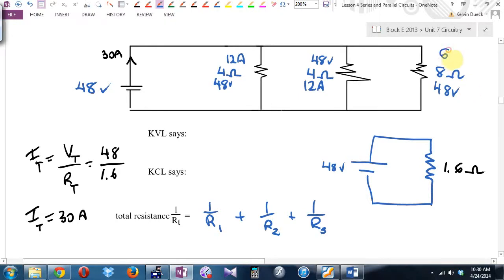6? How many amps grand total? Does that double check with what we got down here? We've just proved the parallel rule, right? 12 plus 12 plus 6 is 30. We were able to find it using Kirchhoff's laws. We were also able to find it using the parallel law. We've just proved it.